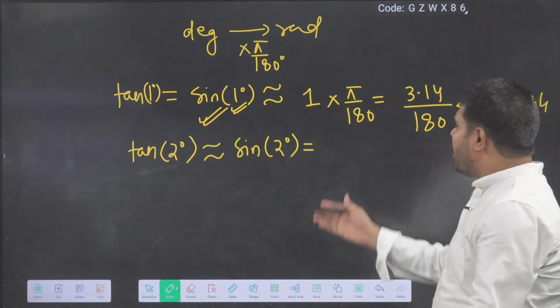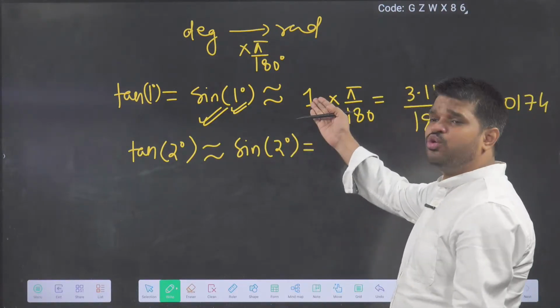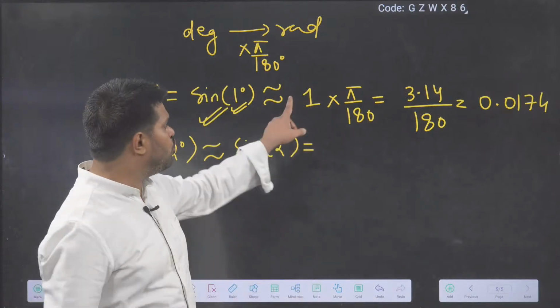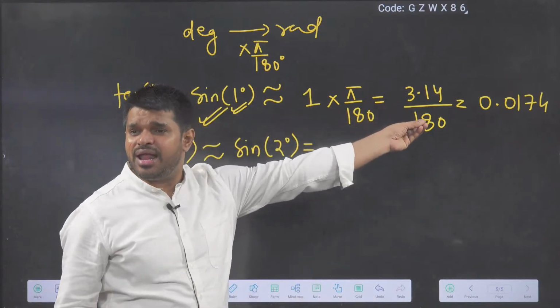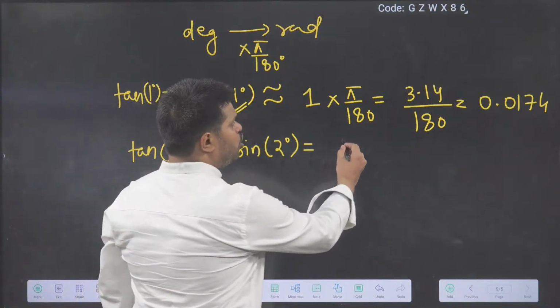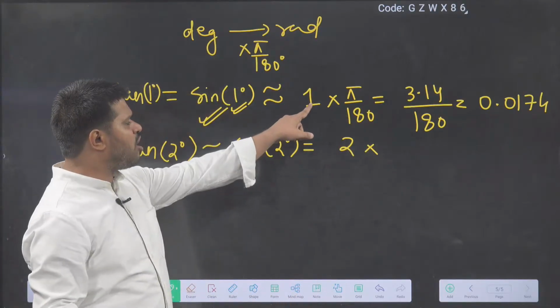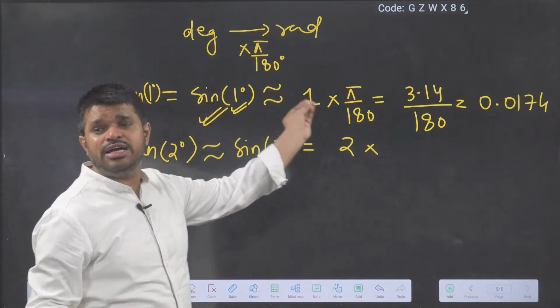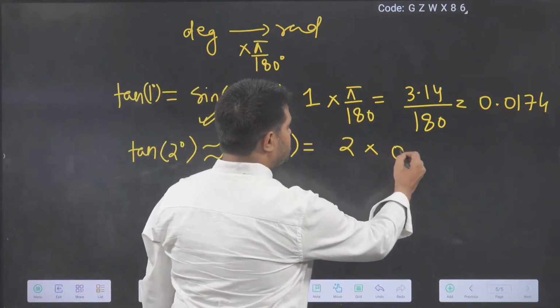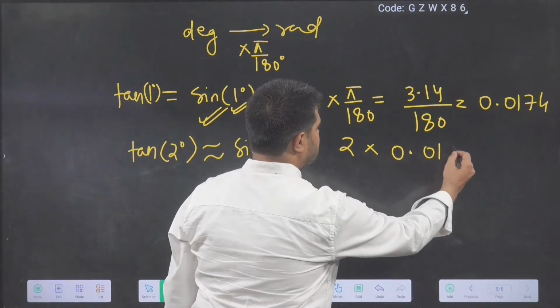Instead of 1, what will you write? 2 here. So the answer will be double. Let me tell you the answer here. In the place of 1, you will write 2, so let's multiply the final answer with 2. 2 into 0.0174.